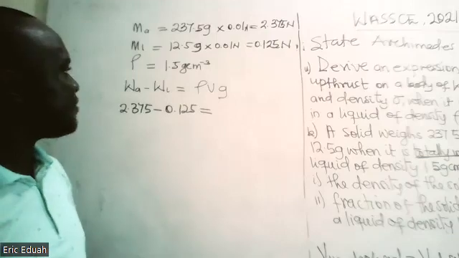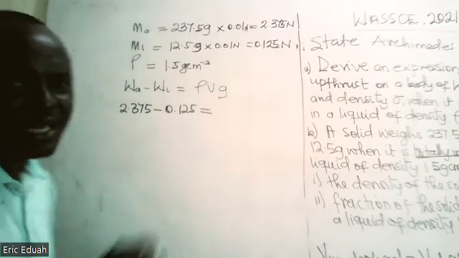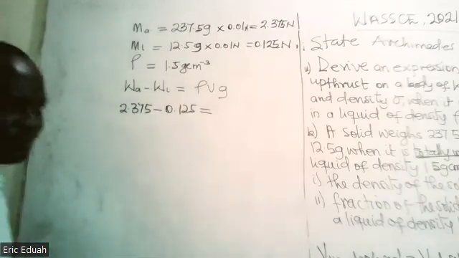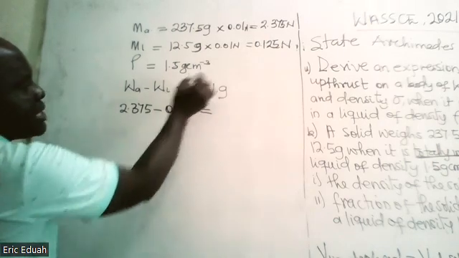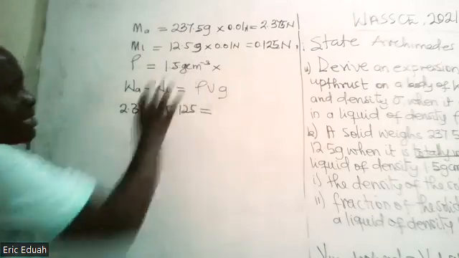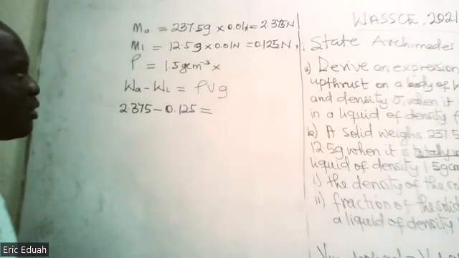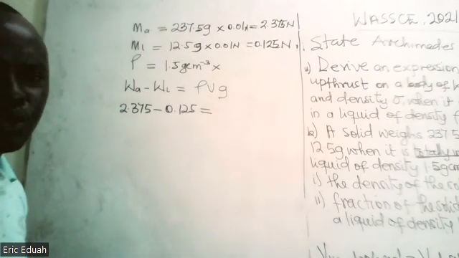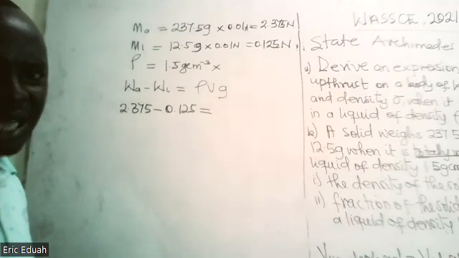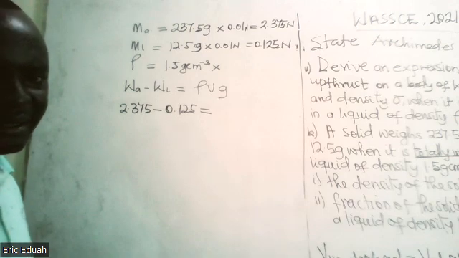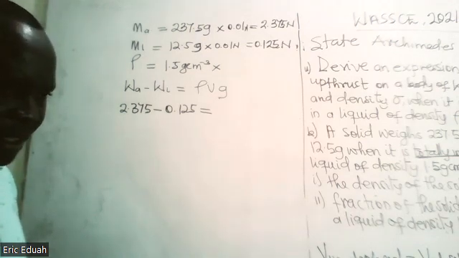Now, what's the density of the liquid? The density of the liquid is 1.5. But because we converted these masses into weight, it means we have to also convert the density, which is in gram per cm cube, to kilogram per meter cube. Please, are we fine? Yes, please. Good.